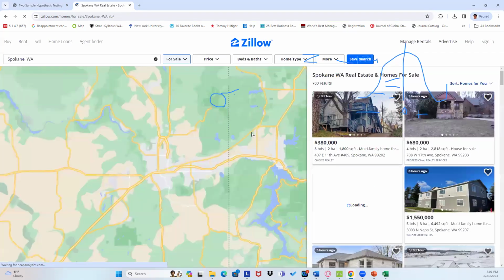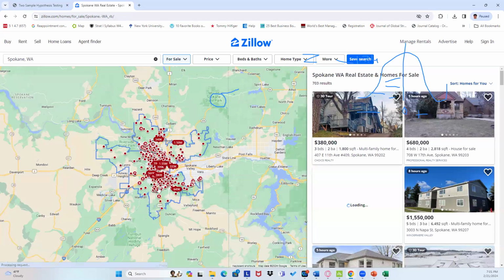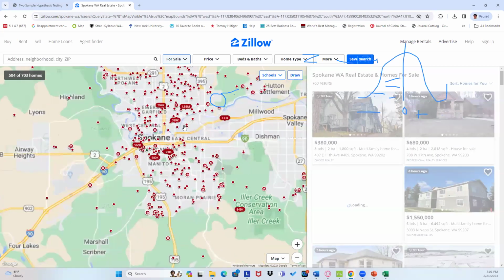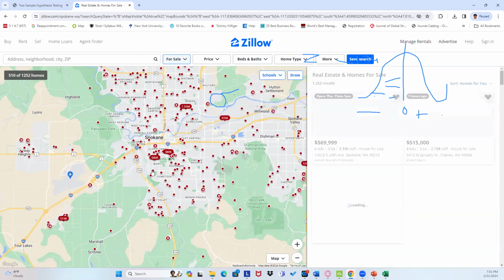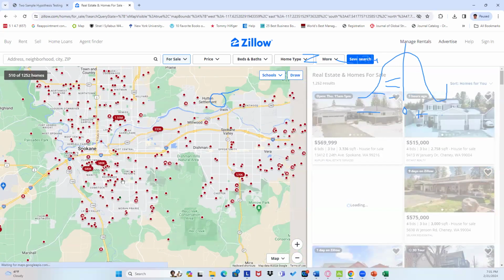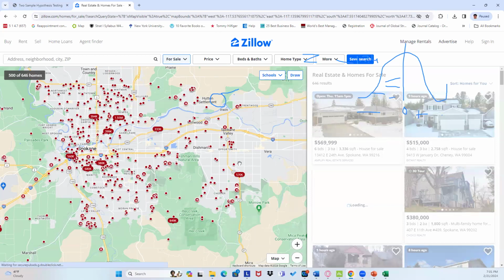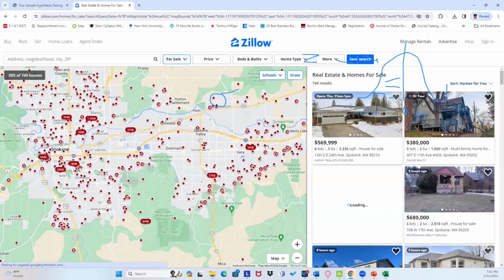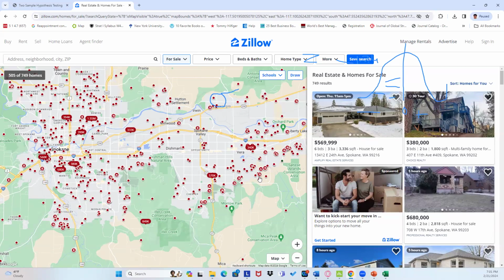Let's say this is my area, and for example I compare South Hill versus Liberty Lake. I pick 20 or 30 houses in each zip code, and then I compare which is higher in price and which is lower.